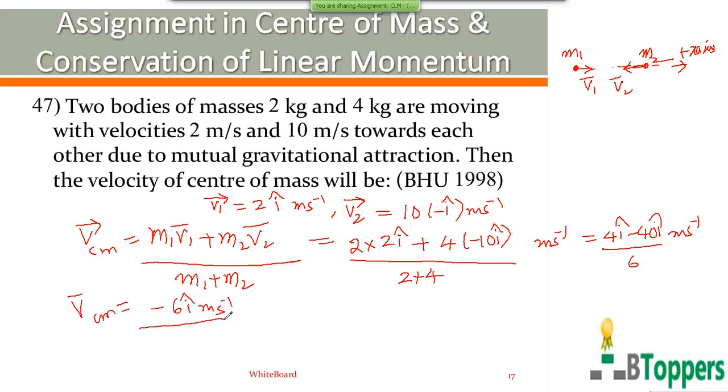The negative sign indicates that the velocity of the center of mass is directed towards the left, the negative direction of the x-axis. So the magnitude of the velocity of the center of mass of the system of the two bodies will be equal to 6 meter per second.